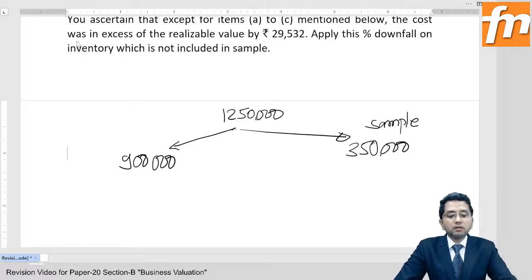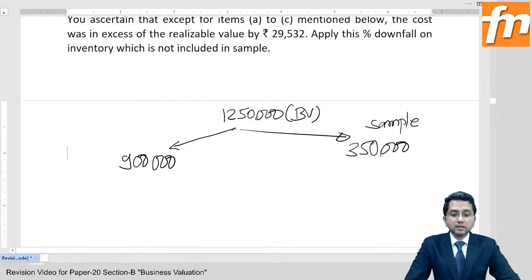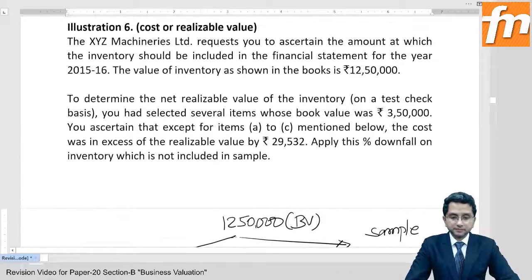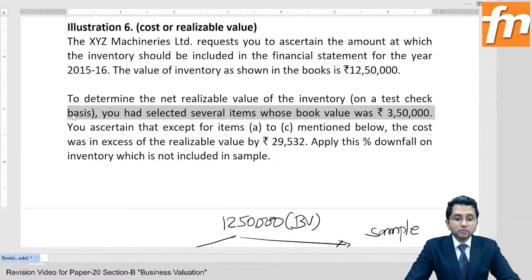So this is part of your sample. Out of total book value, BV, that stands for book value, of 12,50,000, you have chosen a sample of 3,50,000. You had selected several items whose book value was 3,50,000.